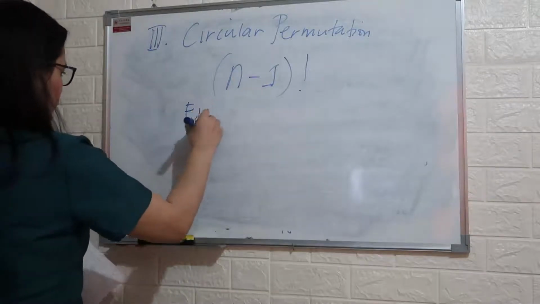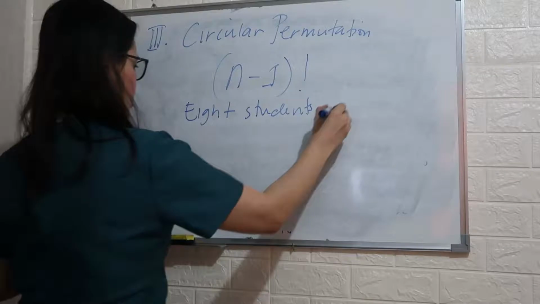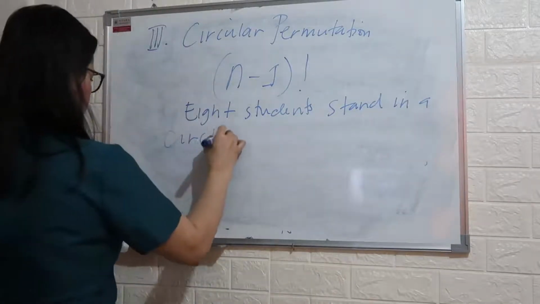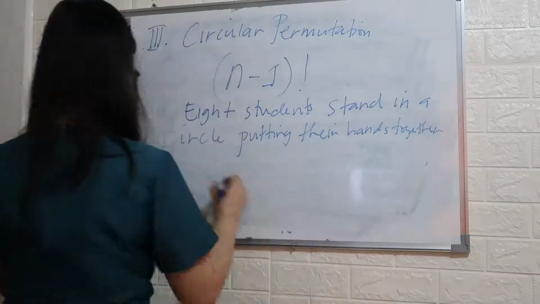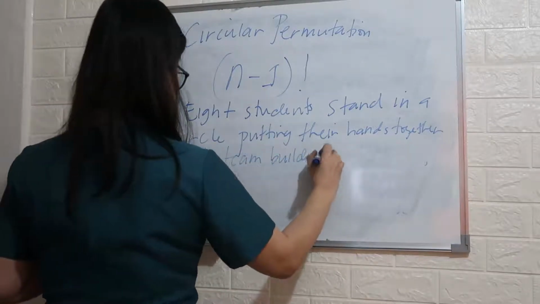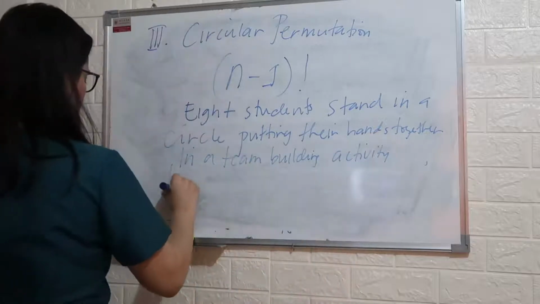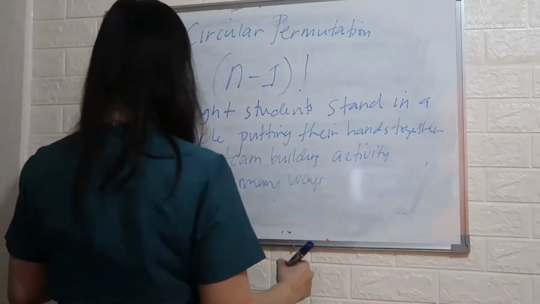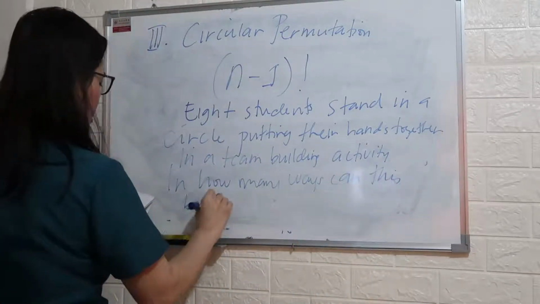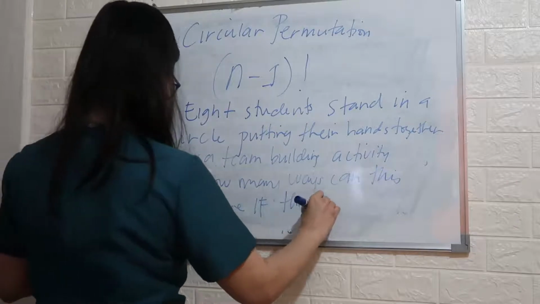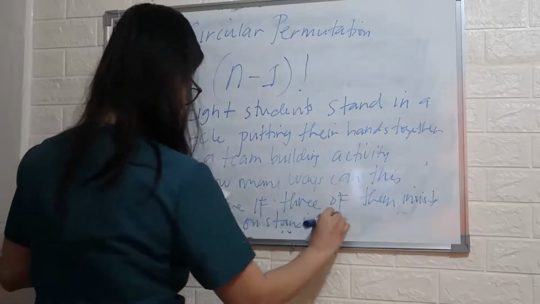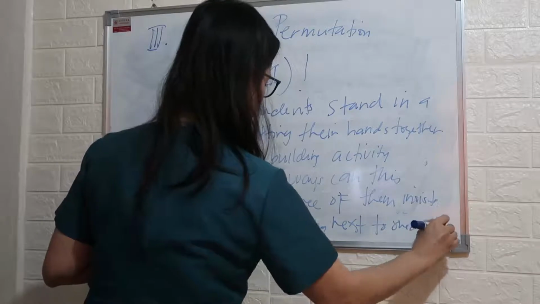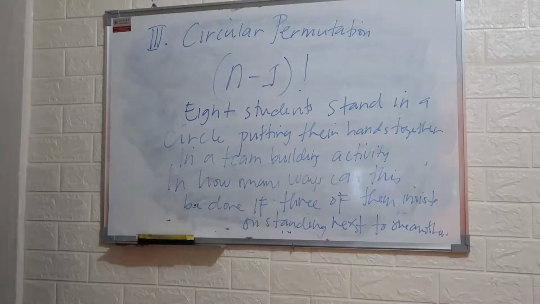So for example, 8 students stand in a circle, putting their hands together in a team building activity.